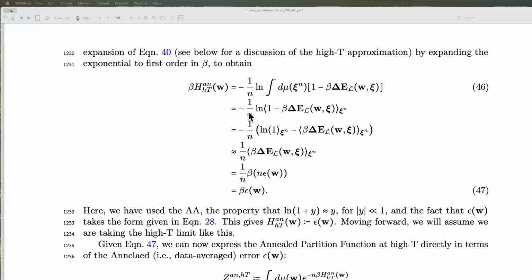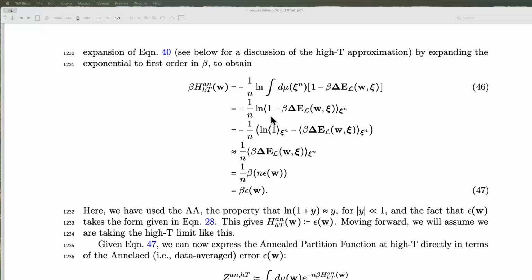We then note that because this is an average, that doesn't seem right. Natural log of a plus b is natural log of a plus something. I feel like I've done something wrong here.